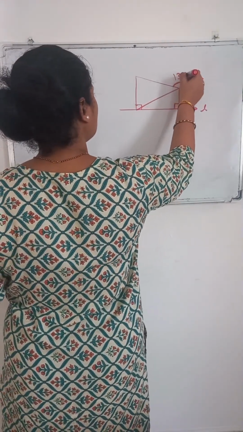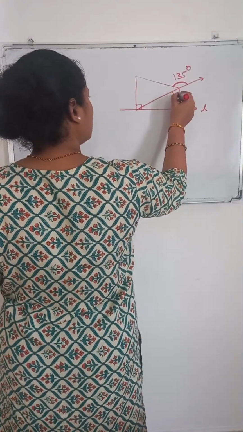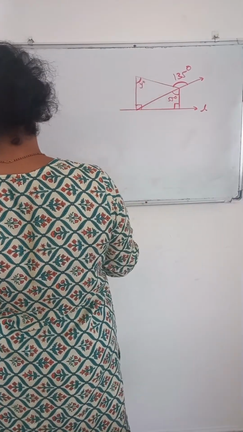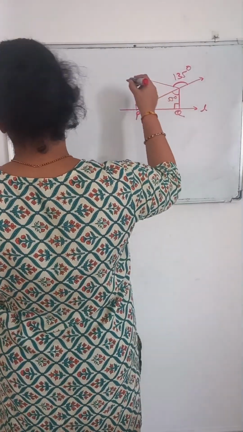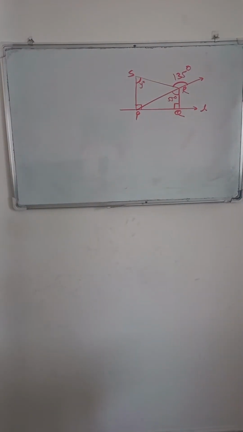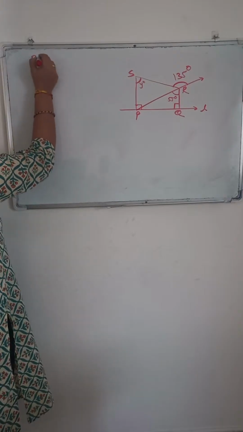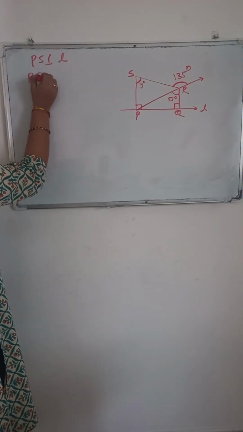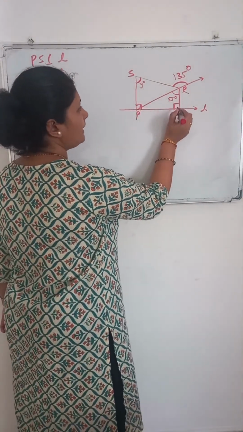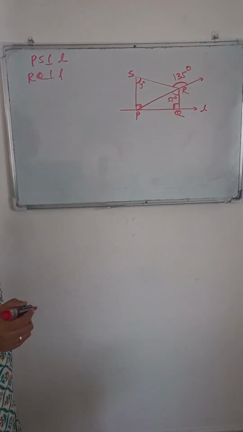This entire angle is given as 135 and this angle is given as 55, and this is y degrees, and here P, Q, this is R and this is S. So calculate, they are asking us to find the value for y, and they are saying PS is perpendicular to L and RQ is also perpendicular to L. That means it is clearly 90 here and 90 degrees here.